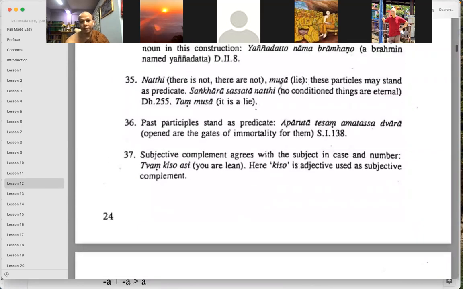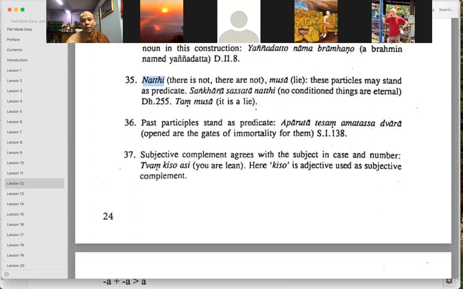So natthi. Sankhara sassata natthi. No conditioned things are eternal, or conditioned things are not eternal. Using that natthi.